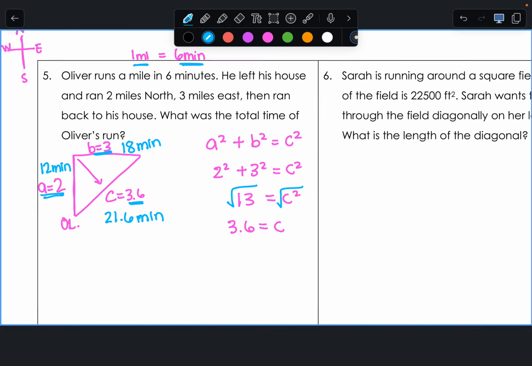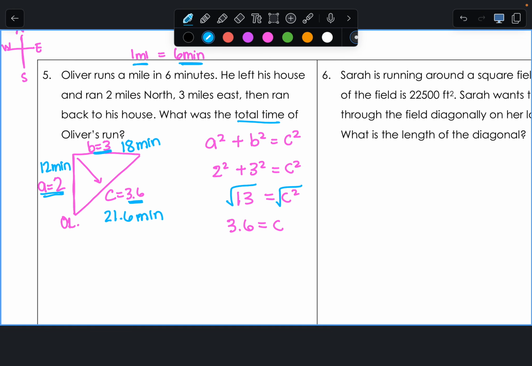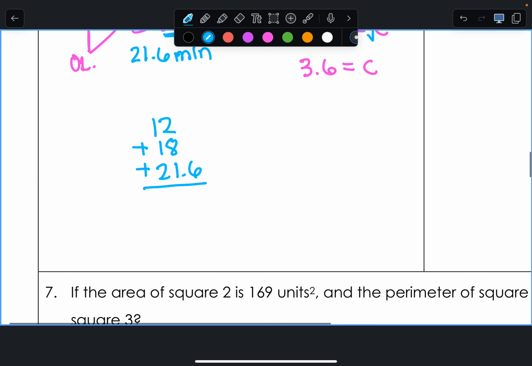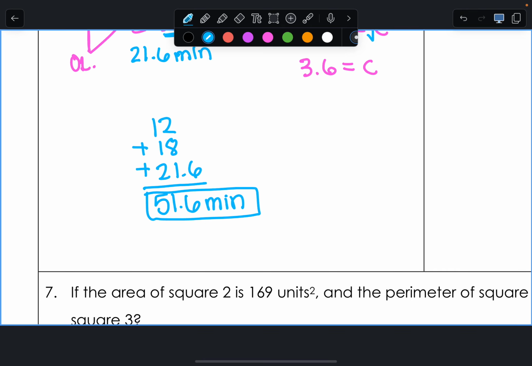So now to find the total time, you add all of those. 12 plus 21.6 minutes. So his total run was 51.6 minutes. Questions? Okay.